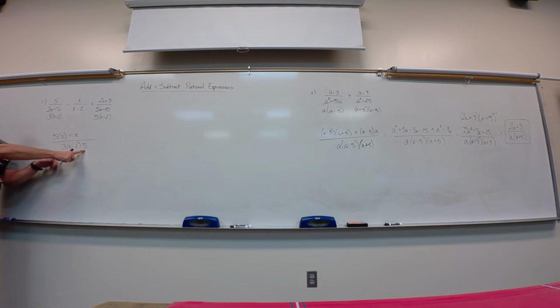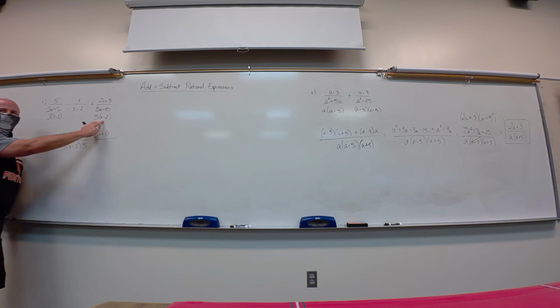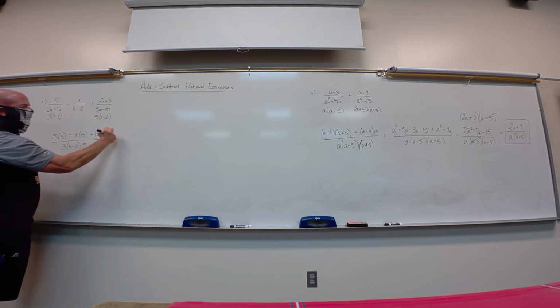Well, that's the 3 and the 5, which I'm just going to go ahead and write as 15 because 3 times 5 is 15, but it's the 3 and the 5 that's missing. The last part, the 2x plus 3, old, new, 3 is what's different. I had a 5 and an x minus 2. I don't have the 3. There goes my 3.